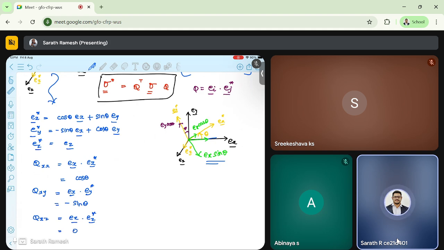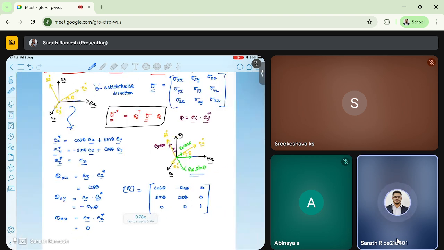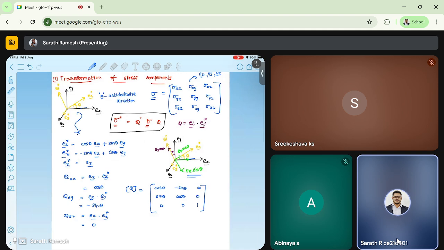Similarly, I have just done the first row of the Q matrix. You can do the second and third rows. So Q is cos theta, minus sin theta, 0, then sin theta, cos theta, 0, then 0, 0, 1. So this is my Q matrix. These things we have to know before proceeding further.